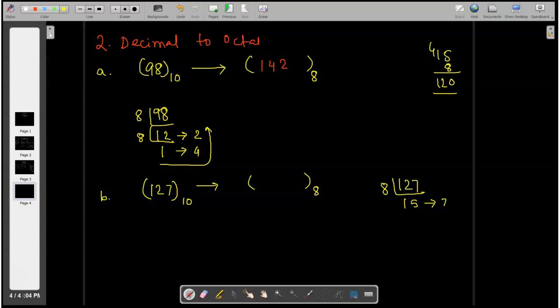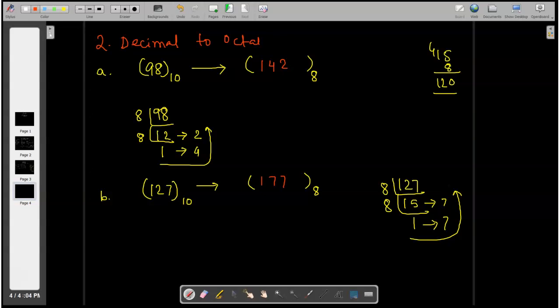So 8 15s are 120, the remainder is 7. Now again, if we take this number 15, 8 ones are 8, again the remainder is 7. Now no more, we can go ahead. So again, from bottom to top, 177. So this is the corresponding octal number of the decimal number 127.